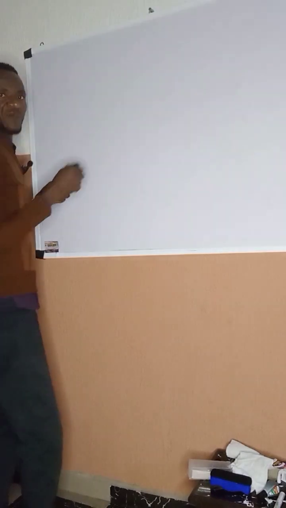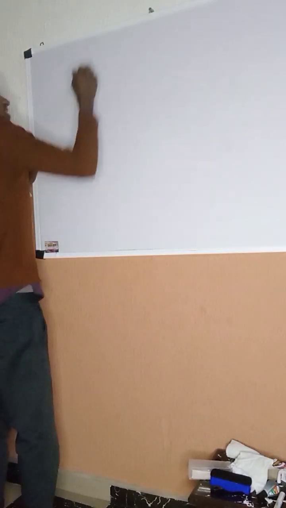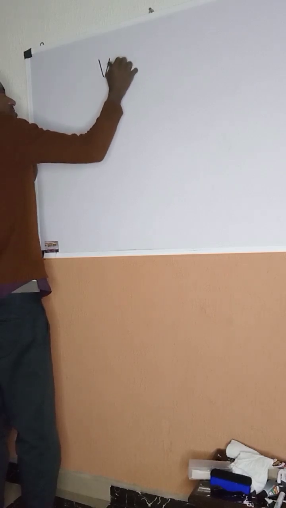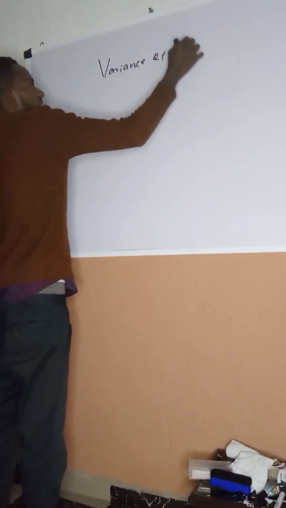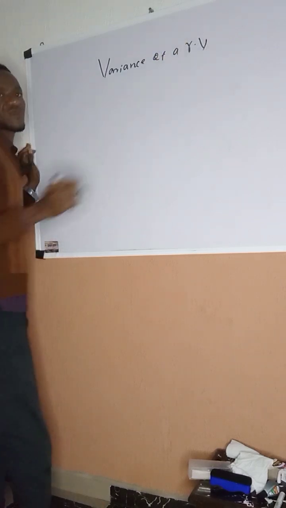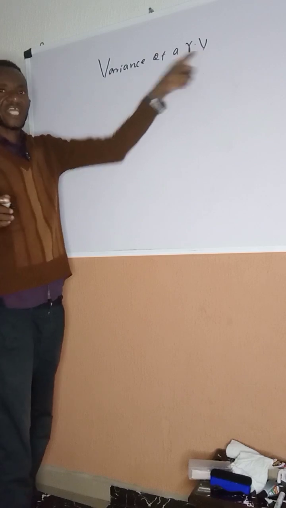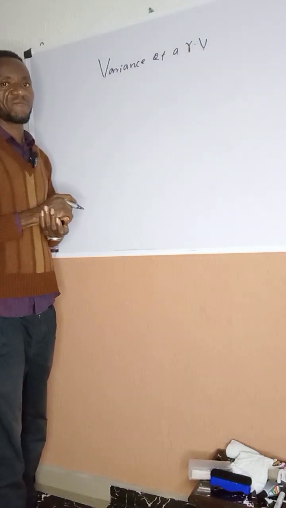So we now talk about the variance of a random variable. When we talk about variance of a random variable, this RV stands for random variable, as I did say before.